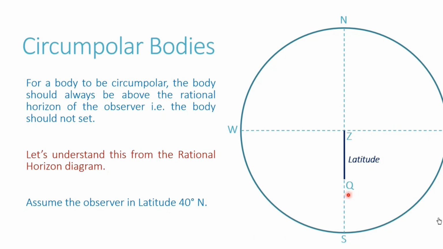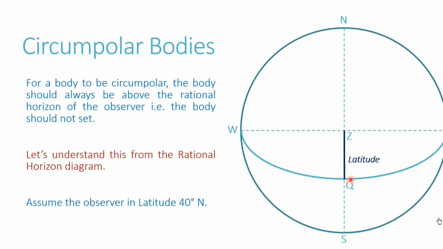It is represented as point Q in the rational horizon diagram. We are aware that the equinoctial always passes through the west and east points. So now we know that the equinoctial will pass through W, Q, and E. And we can now show the equinoctial in our diagram. We have the equinoctial here.